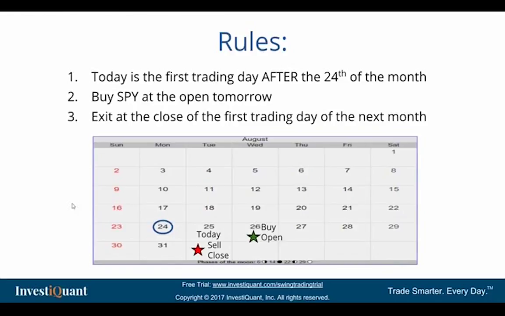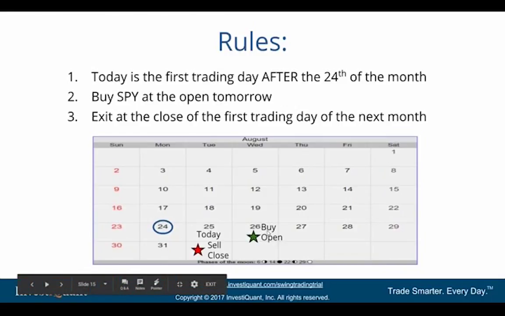All right, so with the calendar here, you're looking at if the 24th is on a Monday, today would be Tuesday the 25th. We're looking to buy SPY at the open tomorrow. So in many cases, that'll be the 26th. But if the 24th happens to fall on a Friday or a Saturday, then whatever that Monday is would be the day you're buying after, right?